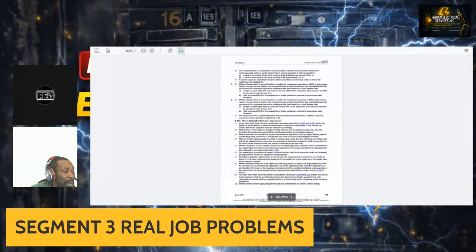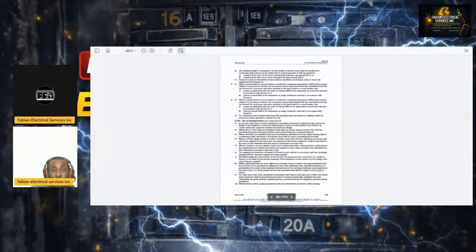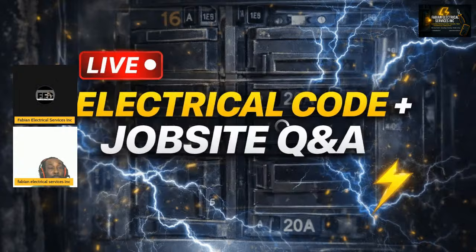Very important. So on a real job, you don't have time to flip breakers all day. That's a big problem. Time wasted. There's so much confusion going on when it comes to job site awareness. When you get on a job, you don't really have time to waste.